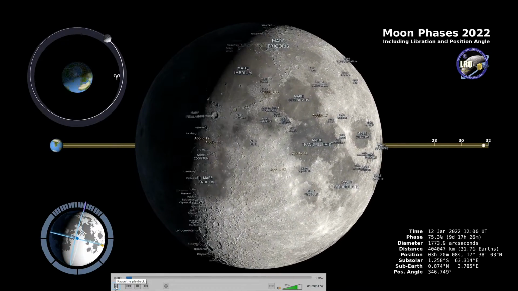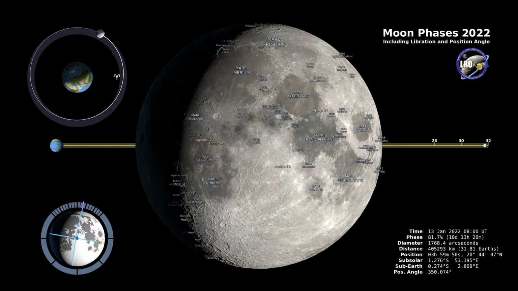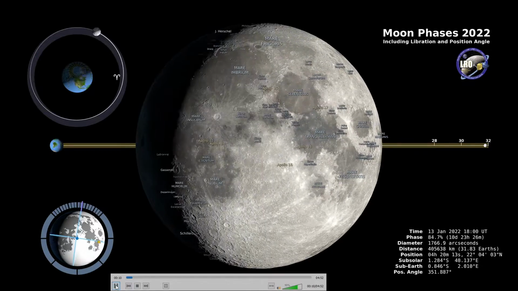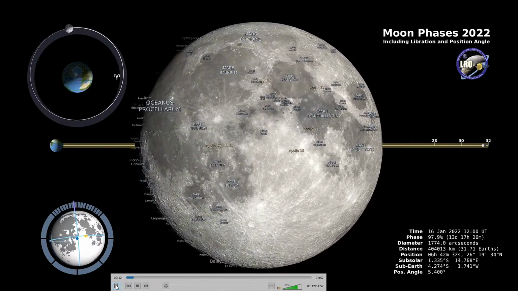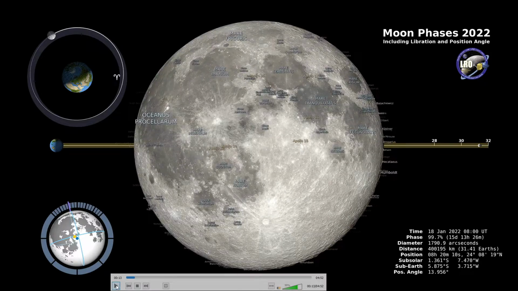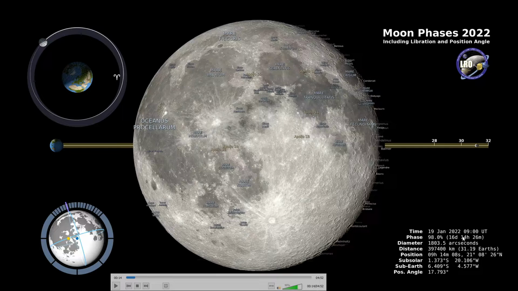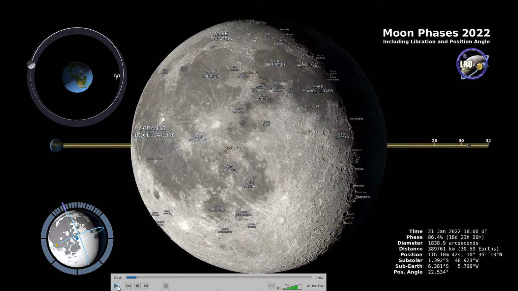Then we go to here, which is the waxing gibbous. Then here we are at the full moon. We are 16 days in, so we're roughly half the cycle. Then the shadow starts eating away our moon. We call this a waning gibbous.